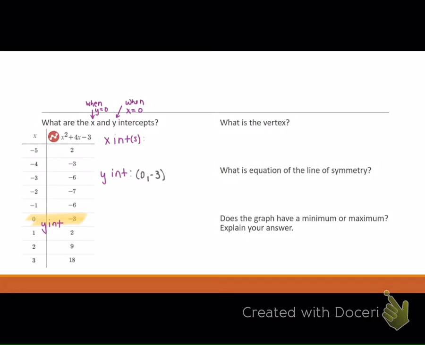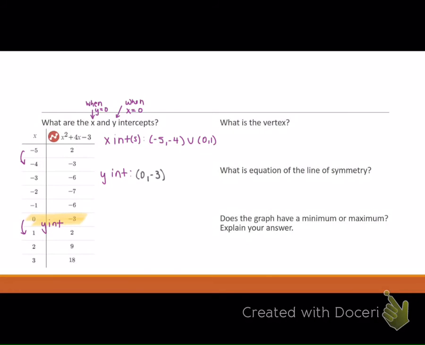So will it cross the x-axis? Yes, it will. Between -4 and -5, and between 0 and 1. So our x-intercepts are going to be the interval (-5, -4) U (0, 1).